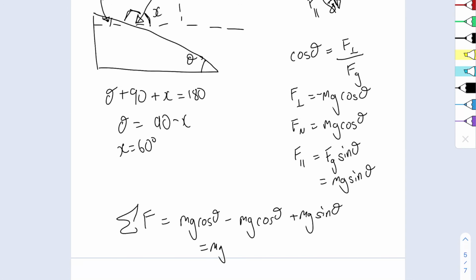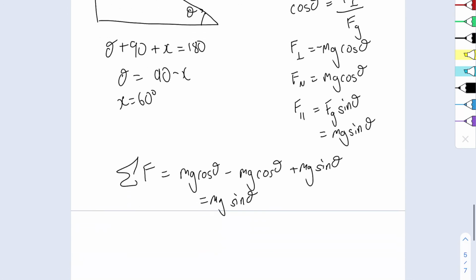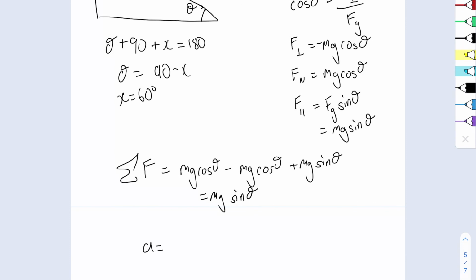And that's just equal to mg sine theta. And the acceleration is equal to the net force over the mass. That's from Newton's second law. And that's equal to mg sine theta over m. Both of the m's cancel out, and we get the acceleration is equal to g sine theta.